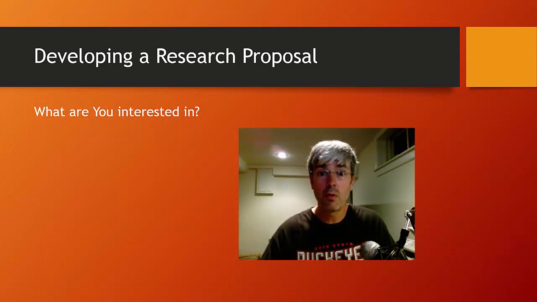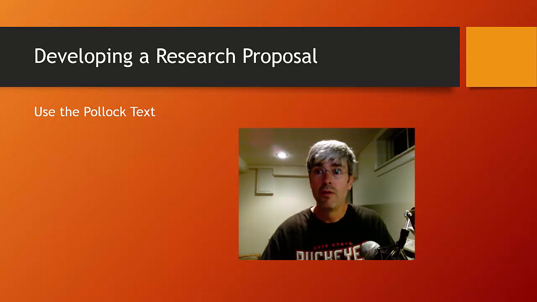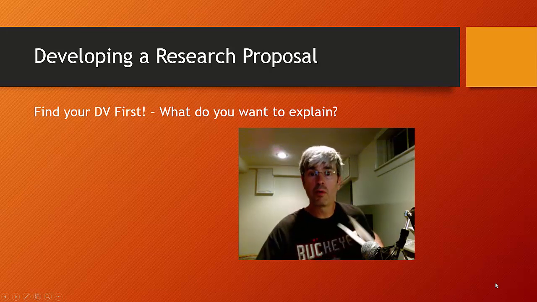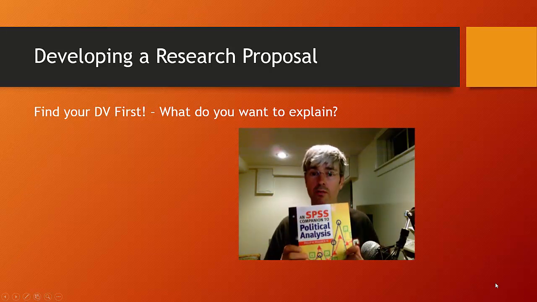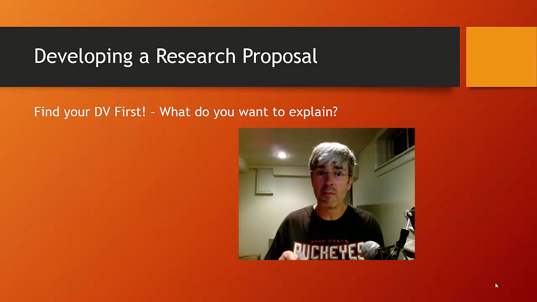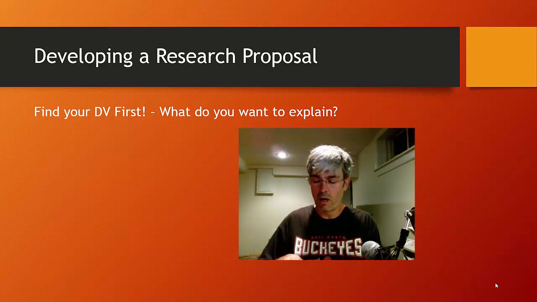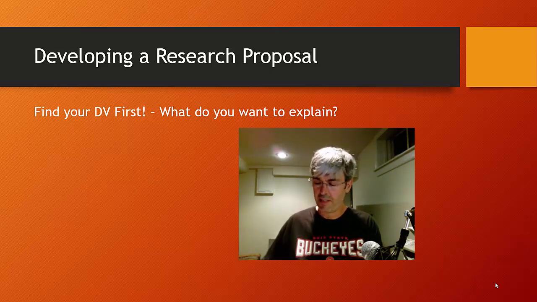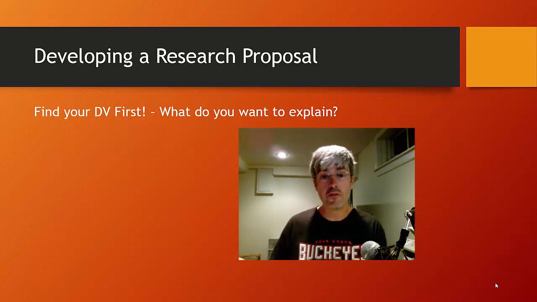But once you've figured out whatever that is, I want you to then go to the Pollock Workbook. And hopefully you remember what the Pollock Workbook is. It's this book here that everyone was required to buy. In the back of the Pollock Workbook are a number of appendices. In the fourth edition of this workbook, the appendices start on page 245.